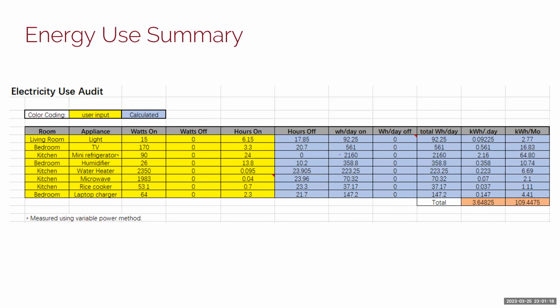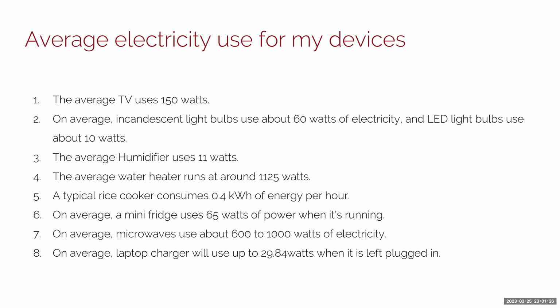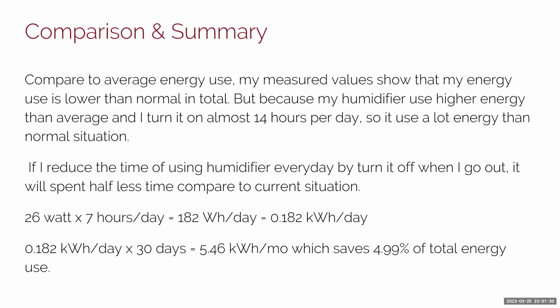And this is my energy use summary, and those are all the data. Compared to the average energy use, my measured values show that my energy use is lower than normal in total, but my humidifier uses higher energy than average, because I turn it on almost 40 hours per week.